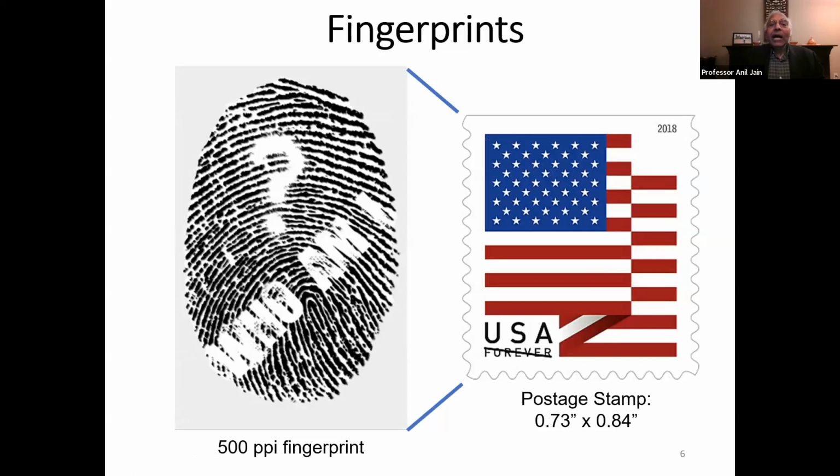So now I'm going to talk about fingerprints. And these are the ridges and valley pattern on your fingertip. If you just compare it to the size of a United States postage stamp, this is a small area, less than an inch by an inch, or about 2 centimeters by 2 centimeters.